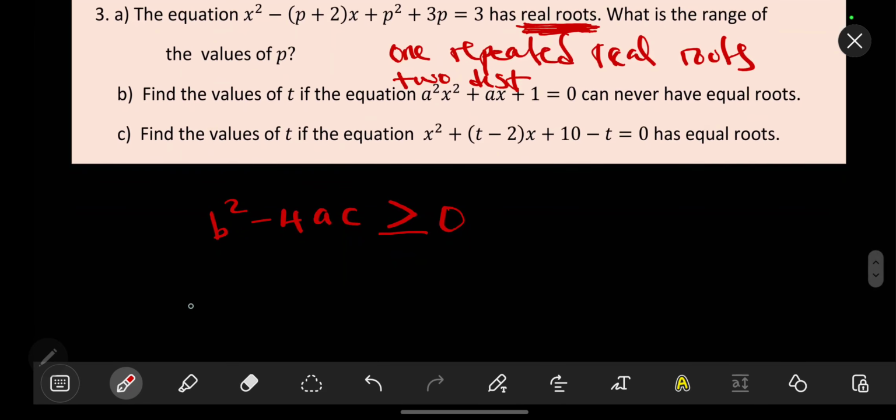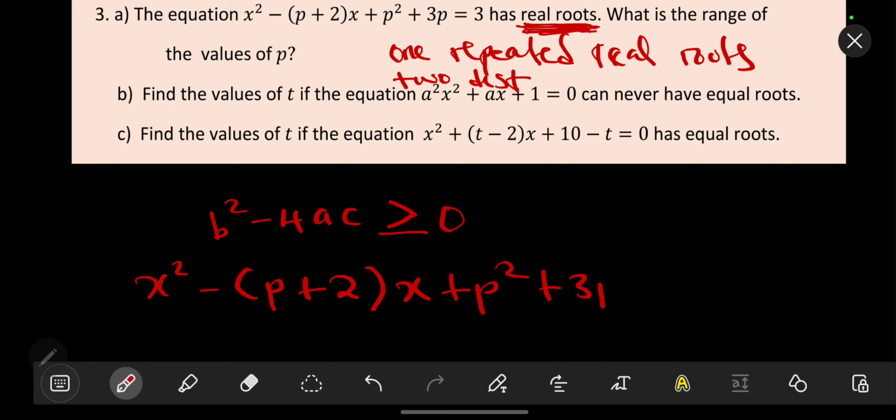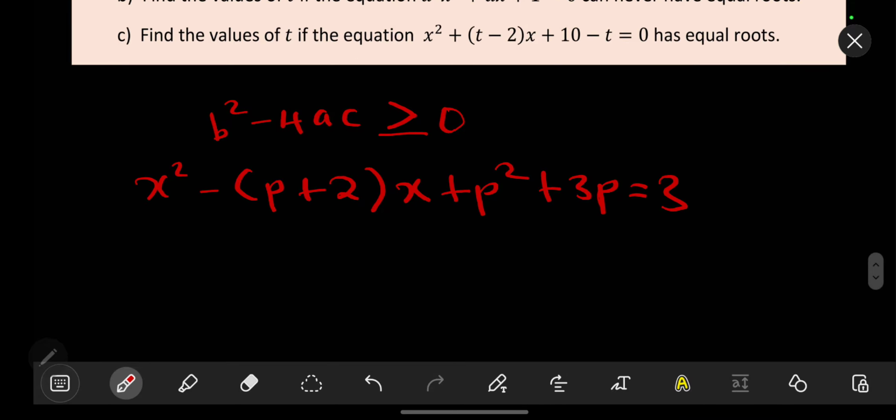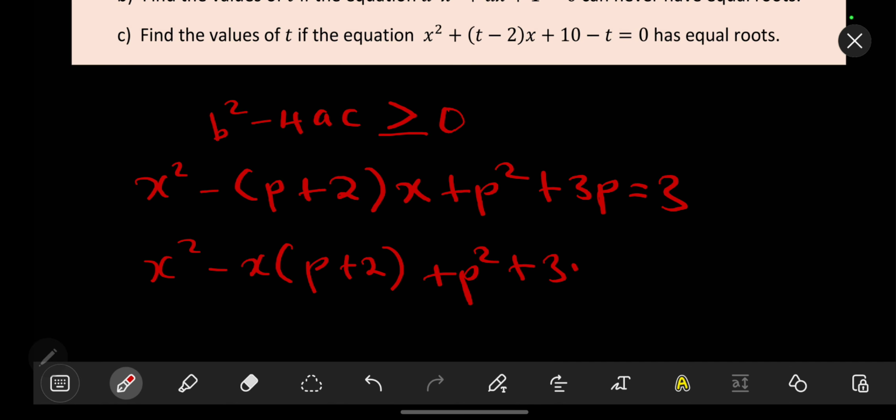So the equation is such that we have x squared minus open bracket p plus 2 close bracket x, then we have p squared plus 3p should be equal to 3. So let's first simplify. We have x squared, then multiply this x throughout. It can be written as negative x open bracket p plus 2, then plus p squared plus 3p.